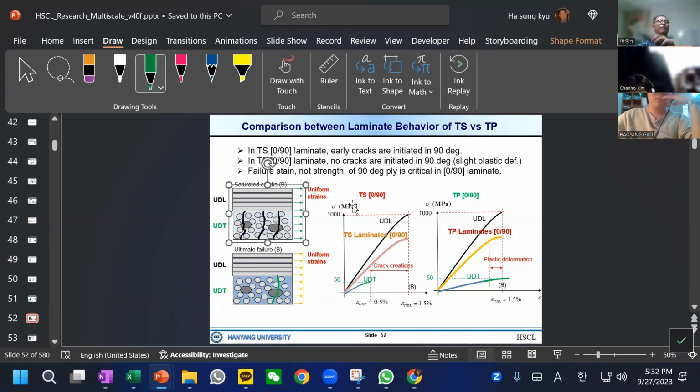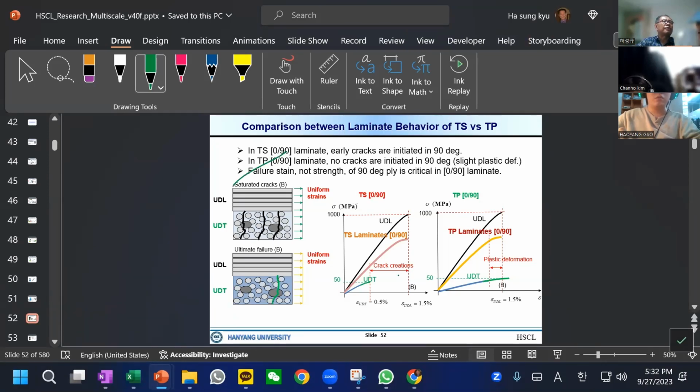So if we have a thermoset 0/90 or a thermoplastic 0/90, the laminate behavior will be different.